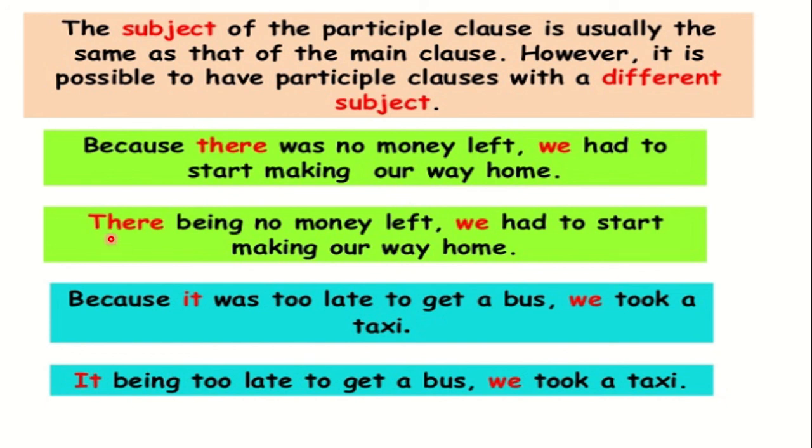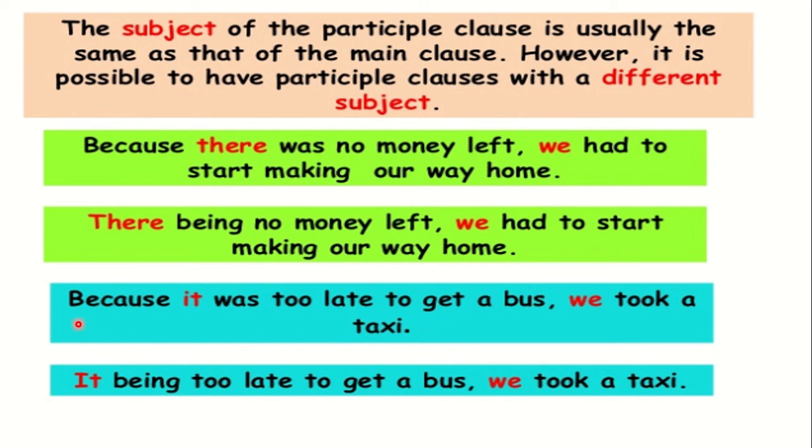Next, there being no money. So because there was no money, see, there being no money. So use of participle with there. We had to start making our way home.